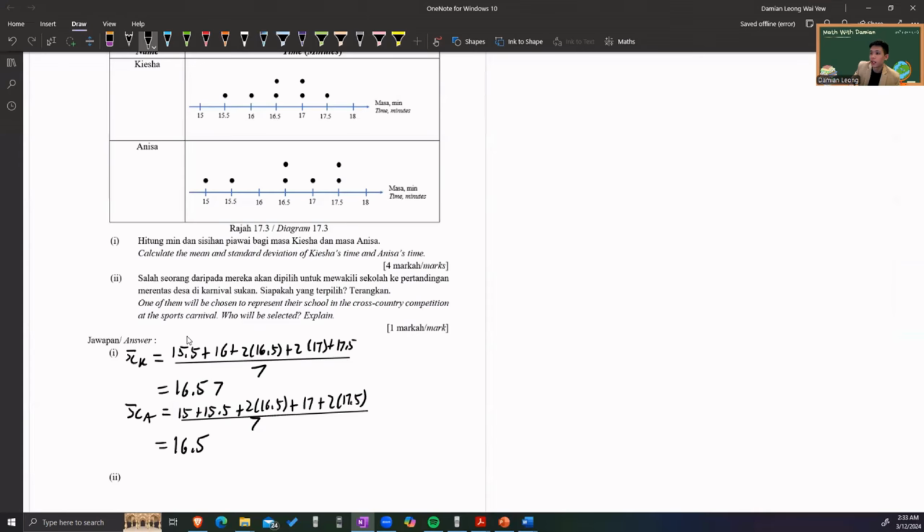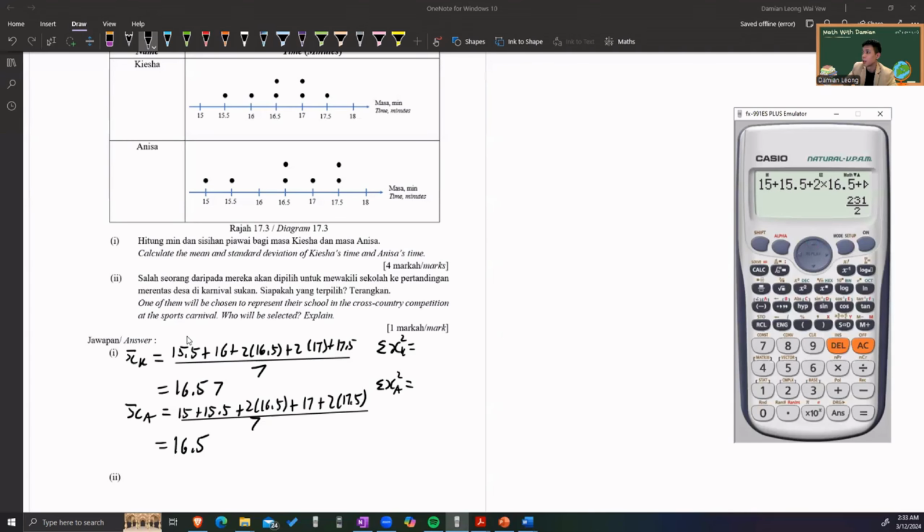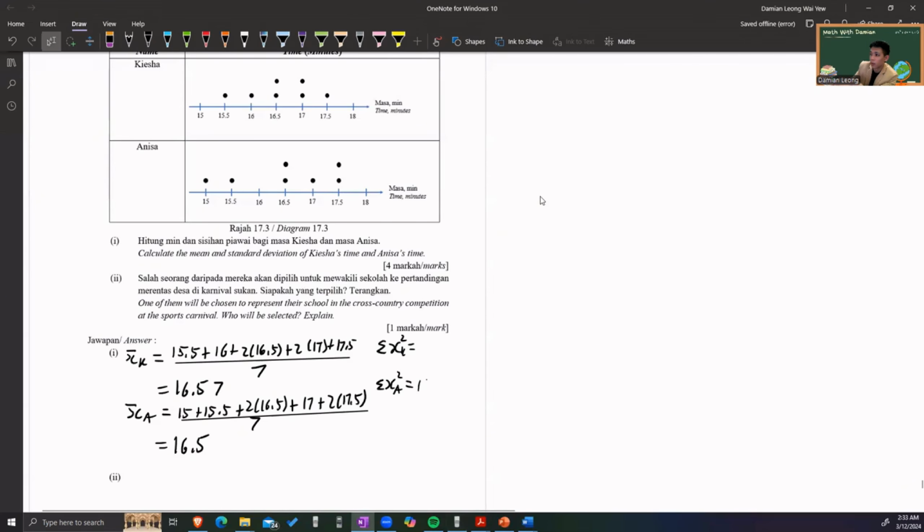For standard deviation, again, let's find the sum of values. Sum of values square. Okay, for Kisha and Anissa, I don't have much space, so I'll just straight away calculate. Each of these values we square. 1911.25.